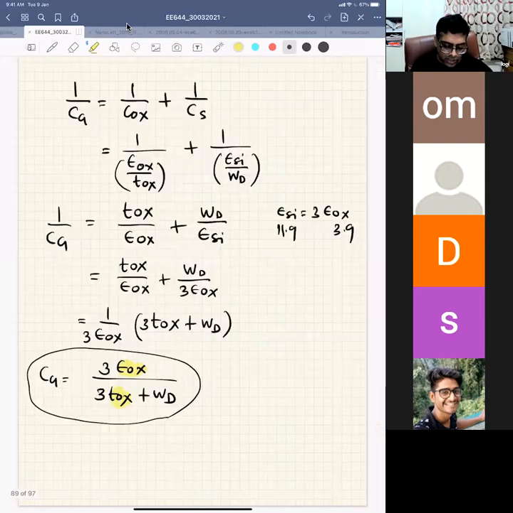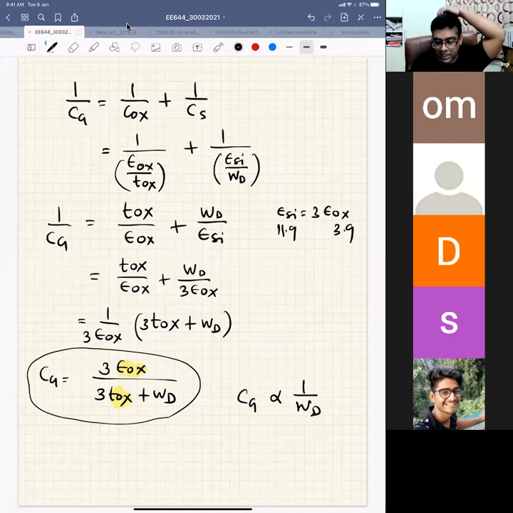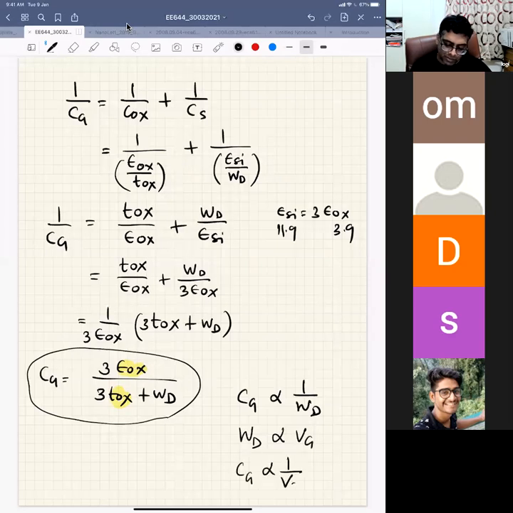So your gate capacitance will depend on WD. Your gate capacitance is proportional to 1 by WD, meaning if you increase WD, your gate capacitance will reduce. And your WD will increase with Vg, so your CG reduces with gate voltage.